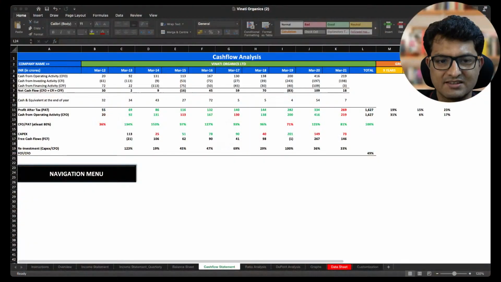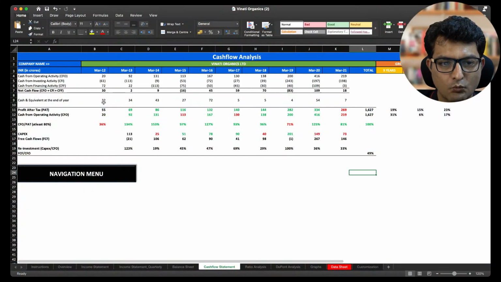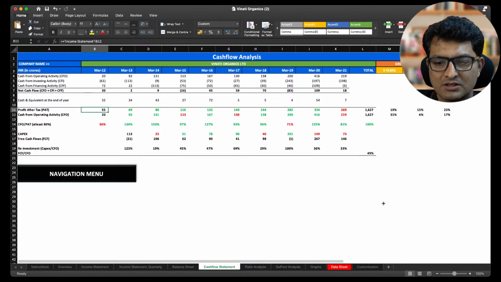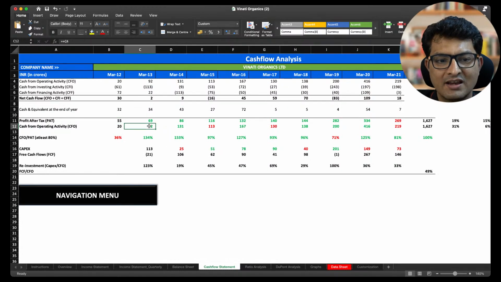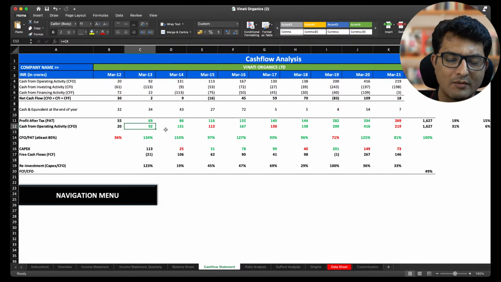So that is the accrual principle. Once the cash hits, it shows in cash flow from operating activities. So you need to look at whether the profit after tax, like here it is 55 crores, then next it is 69 crores, is converting into cash flow from operating activities. Now it might not get fully converted because some amount will go into working capital and different other items.